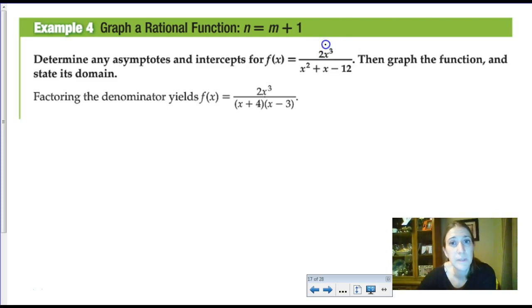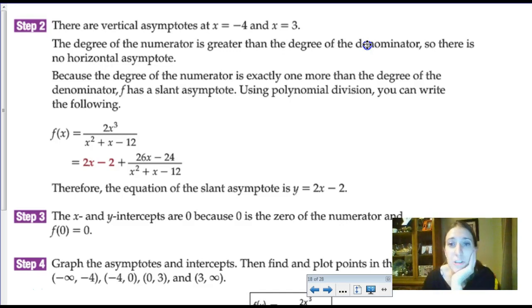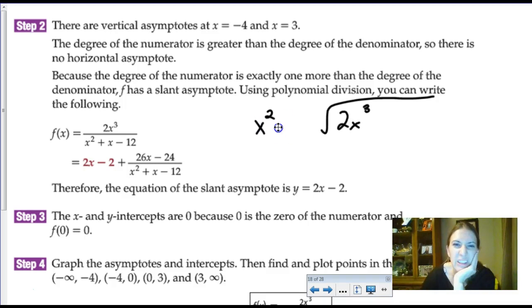So did you notice at the beginning of this problem, I had a cubic divided by a quadratic? So this one is top heavy, which means that we're going to have to go through long division, which your book already did for you here. But I guess they didn't do a great job of showing it, so I'll show it over here. This looks really gross, but it's going to go kind of fast.